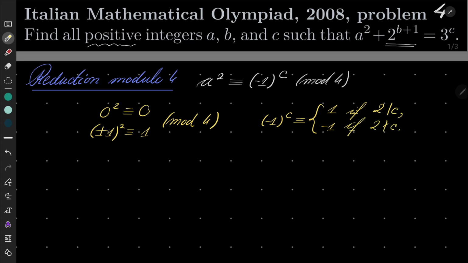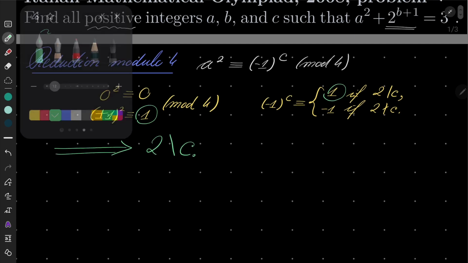And now we see that for both sides to be congruent, we have only one option, namely here we have to take 1 and here as well. And that means in particular that 2 divides c.